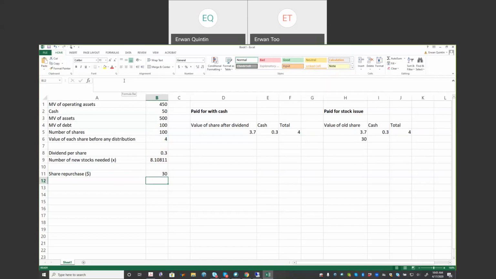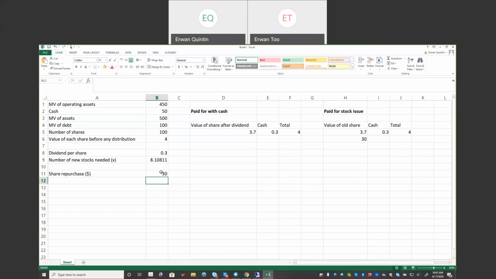So I'm just going to take $30 from my cash and I'm going to buy back some of those stocks, and those are going to be what we call treasury stocks. So those pieces of paper are not going to be burnt. They're just going to go into a vault inside the corporation instead of being on the market. So it's as if they're retired from the market.